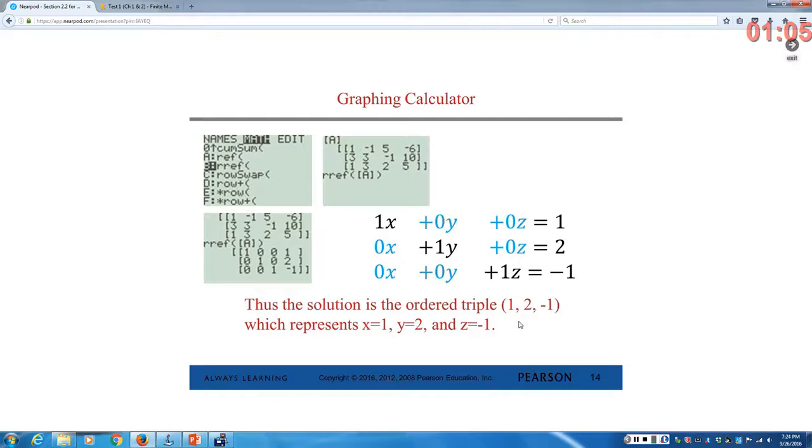Okay, from this you can read the solution straight out. X equals 1, Y equals 2, Z equals -1. It's the last column in order. Now how hard was that?